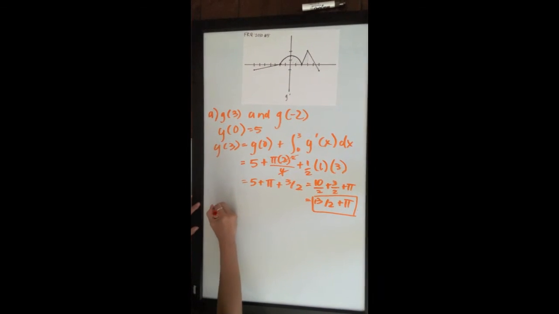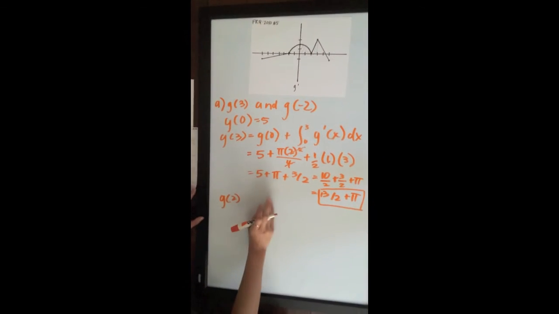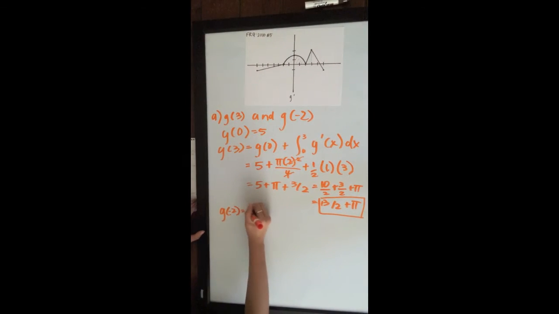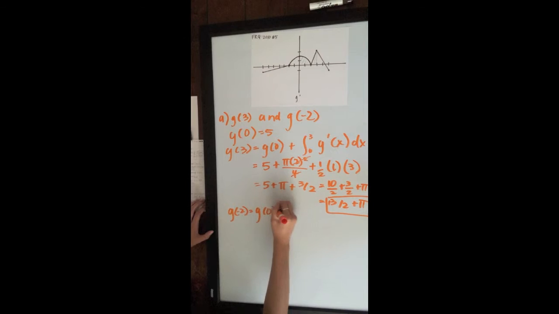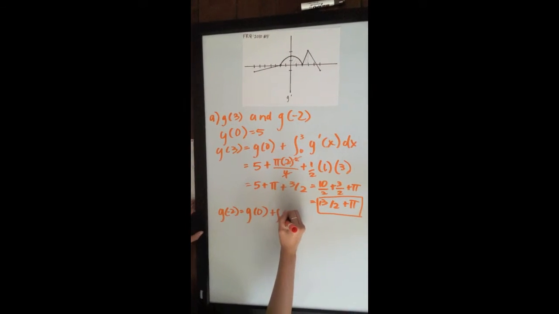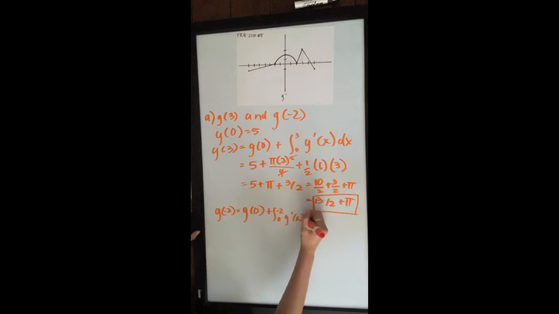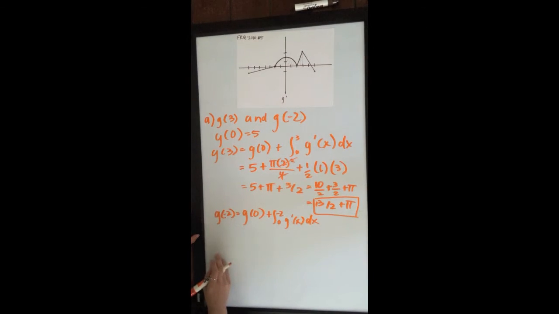For g of -2, you do the same thing. So you would do g of 0 plus the integral from 0 to -2 of g prime of x dx.